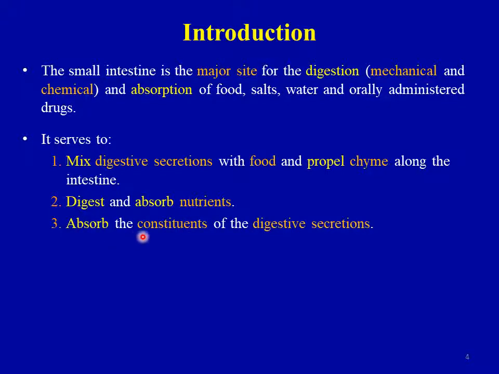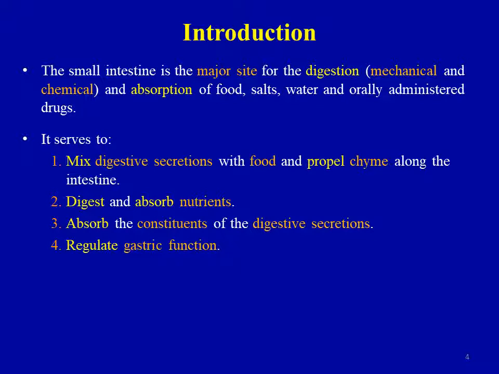It absorbs the constituents of the different digestive secretions: saliva, esophageal secretion, gastric secretion. After they perform their function, these secretions or the components of these secretions are not lost in the fecal material. After they finish their function, they are absorbed back into the blood to be reused again.